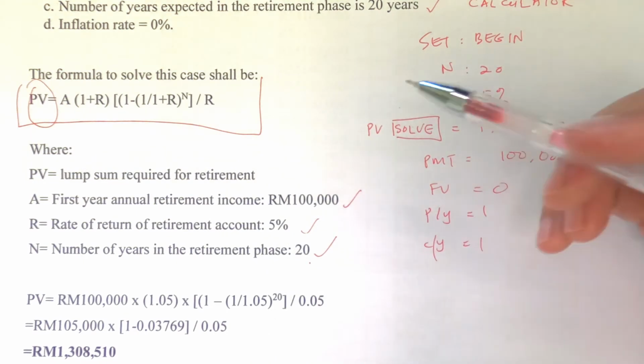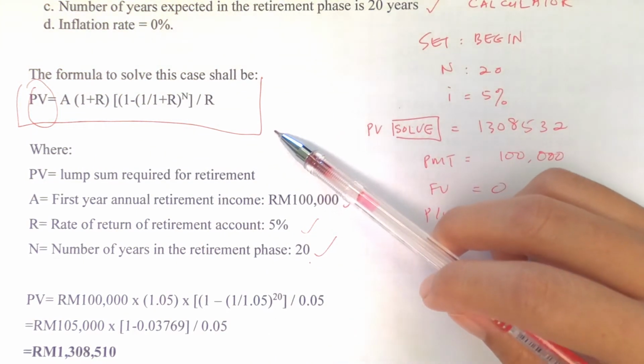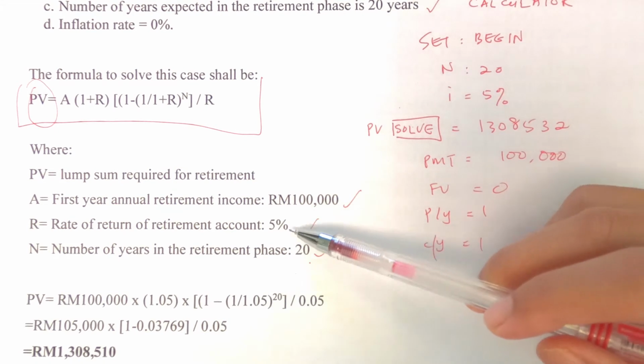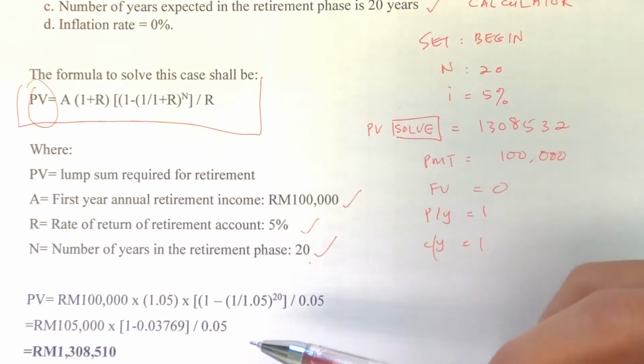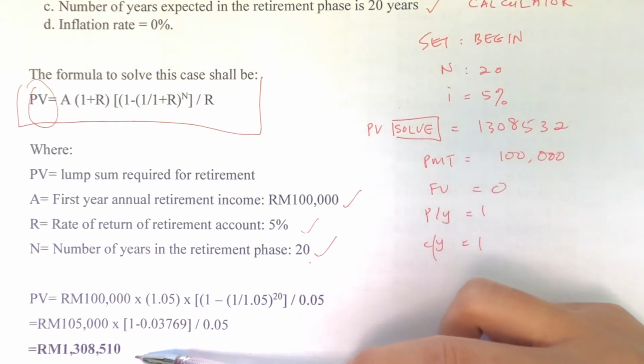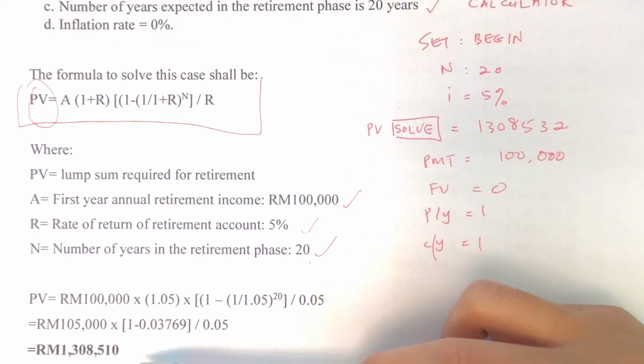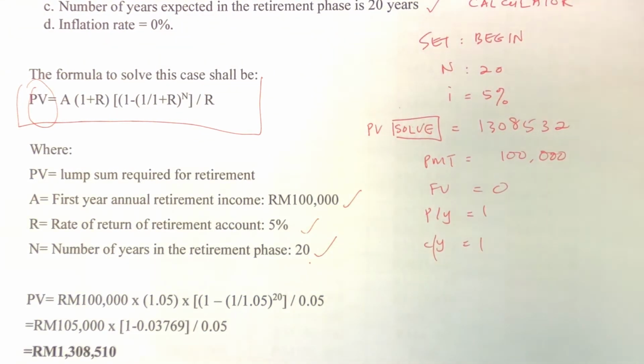Therefore, if we apply this formula and include all of these numbers, then we get 1,308,510.